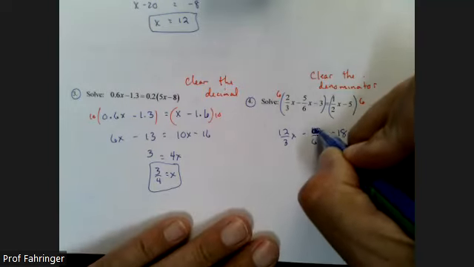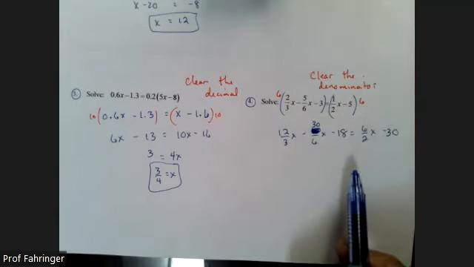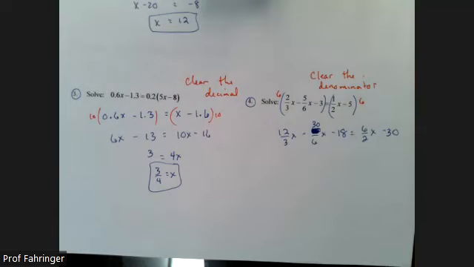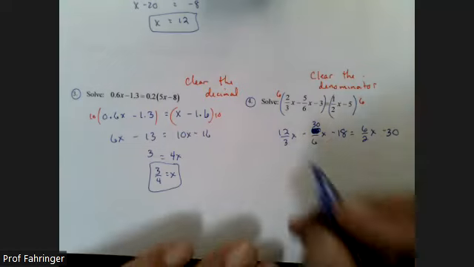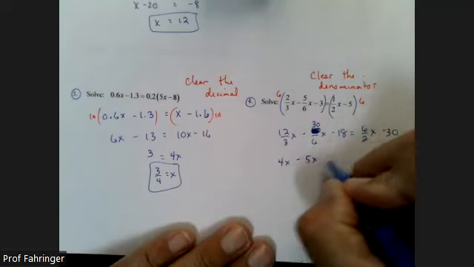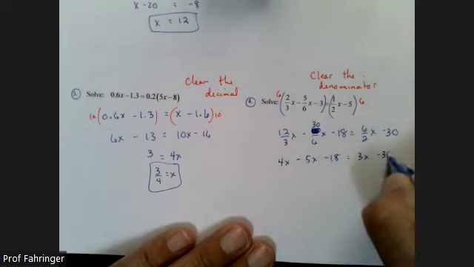That's 30. My bad. 30x minus 18. 6 over 2 minus 30. I'm glad I went back and checked it. 4x minus 5x. 3x minus 30.